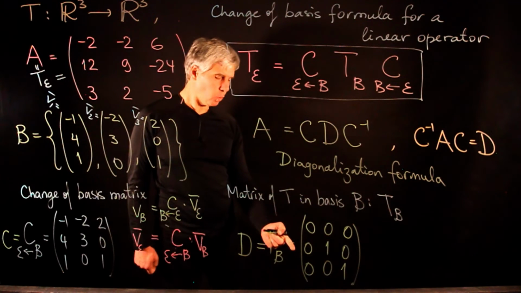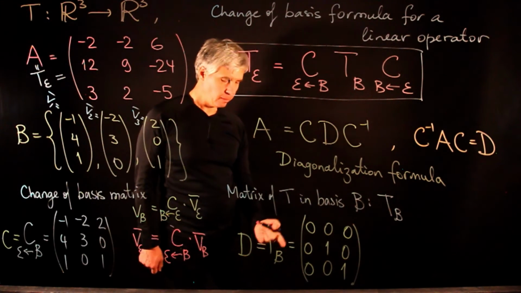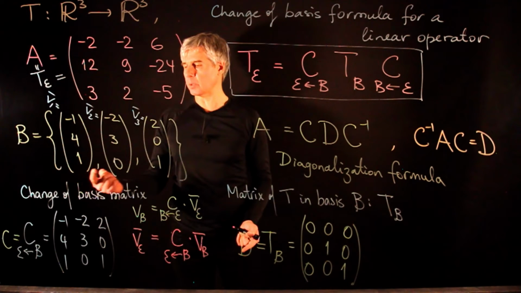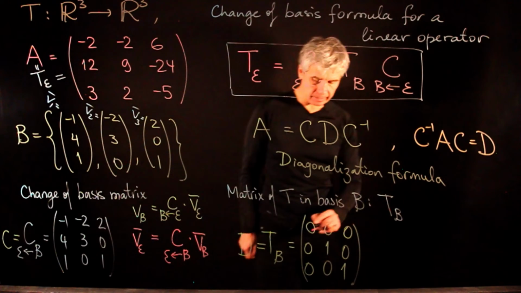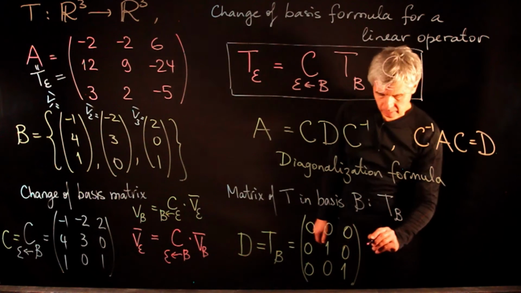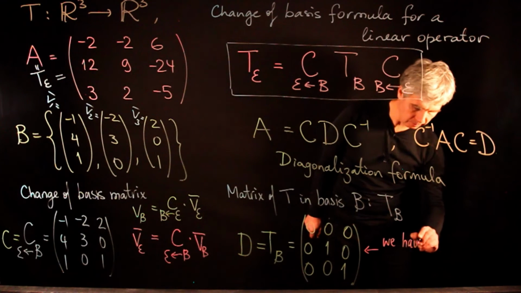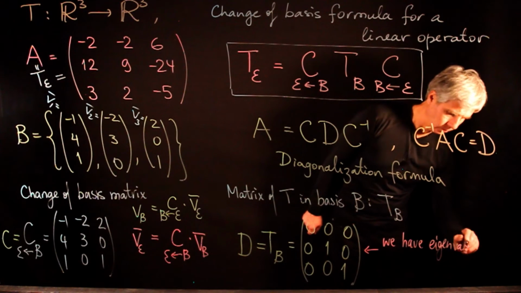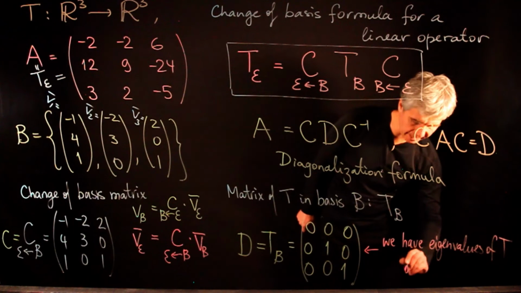Now, let us recall why this matrix came out to be diagonal. This happened because the special basis that we have chosen was a basis of eigenvectors. And in this diagonal matrix we have the eigenvalues of our operator T on the diagonal.